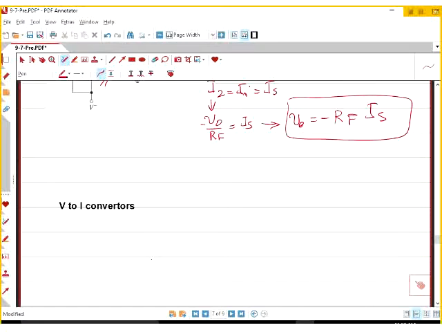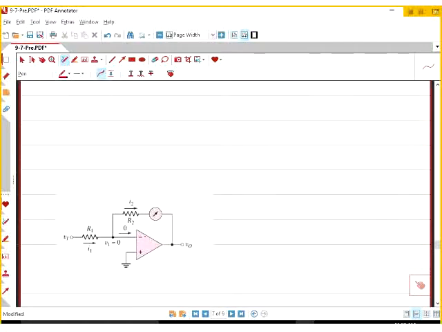What moves that is a current. Basically, the current is moving that arrow in there. So one circuit that could do this job is this one. So the whole thing is a voltage to current converter.